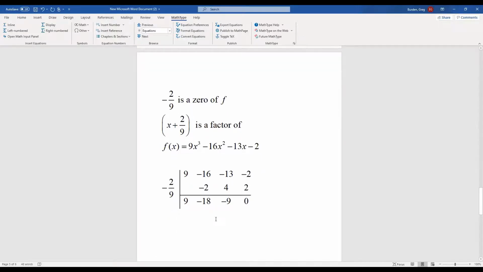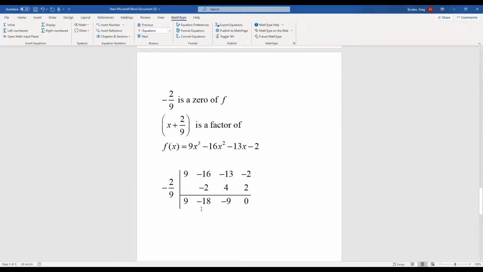Anyway, back to the long division. This thing at the bottom here, the last thing here, is the remainder. That's sometimes actually set off by a little box here. The 9, negative 18, and negative 9, those are actually the coefficients of what you get if you divide this. So when you divide it by x plus 2 ninths, you're going to reduce the degree of everything by 1.